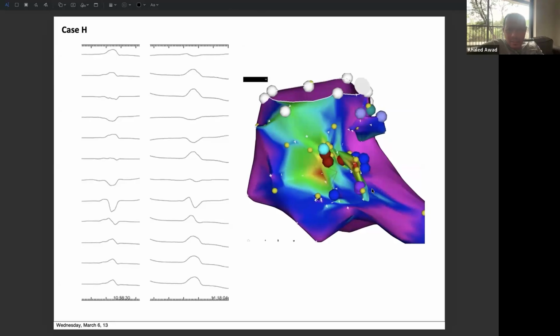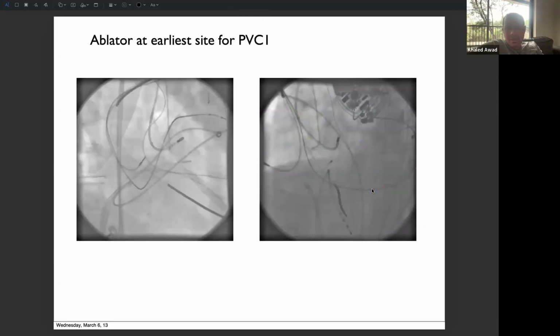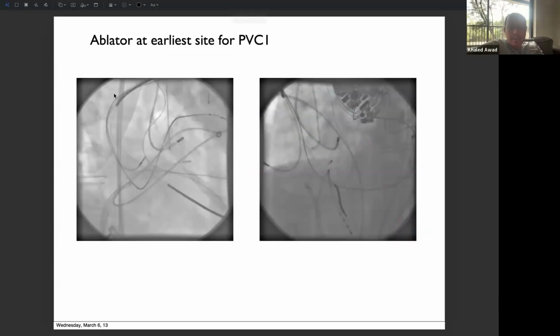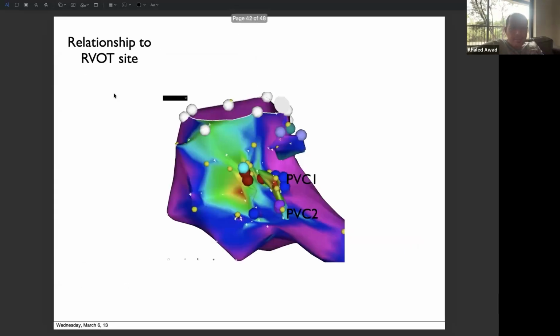I don't see the particular characteristic transition, but that's sort of where it was ablated, directly under the right cusp or right under the transition and/or the junction. And you can see again the 2-to-3 ratio. That can be right cusp. And I think that's where that was ablated.